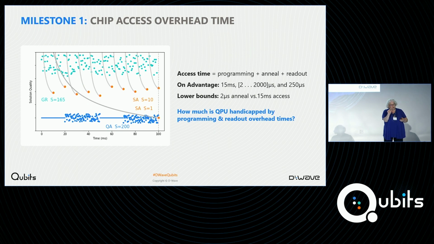So the anneals are quite fast. But they're surrounded by these other time costs, which are a couple orders of magnitude higher than the anneal time. And so we're trying to understand, well, how much of a penalty is that, and how bad does it get? That's what milestone 1 is about.